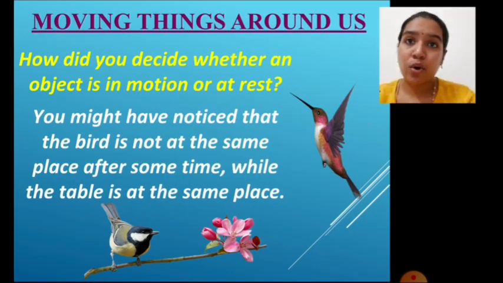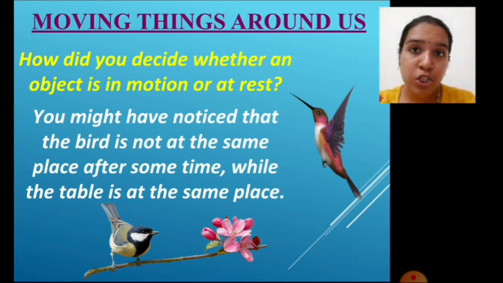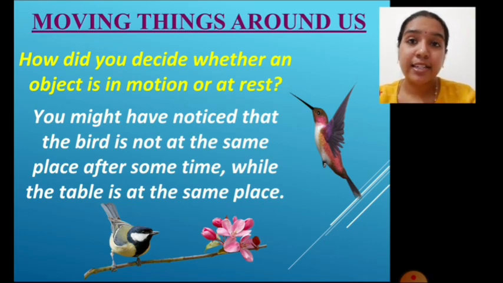Children, we have also observed that all those objects we see that do not move also show some movement at some point of time. For example, a ceiling fan. Yes, when we switch it off, it does not show any movement. That does not mean it is not capable of moving.